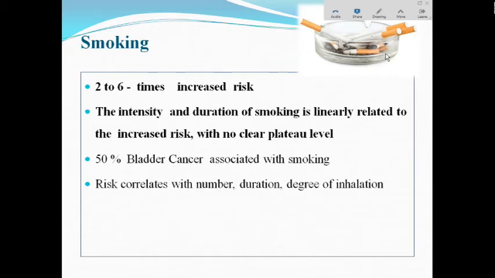The intensity and duration are linearly related to the increased risk. As the duration and intensity increase, there will be a higher risk of developing CA bladder. More than 50% of bladder cancer is associated with smoking.